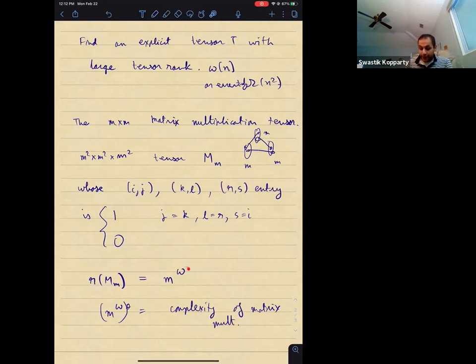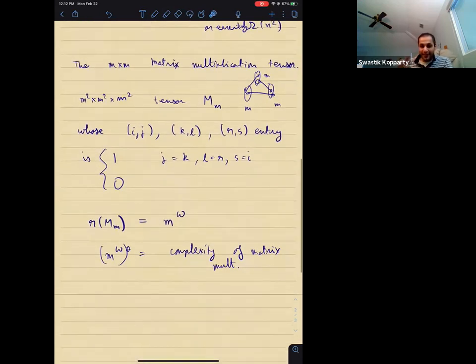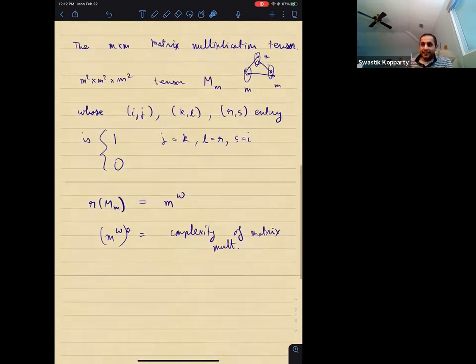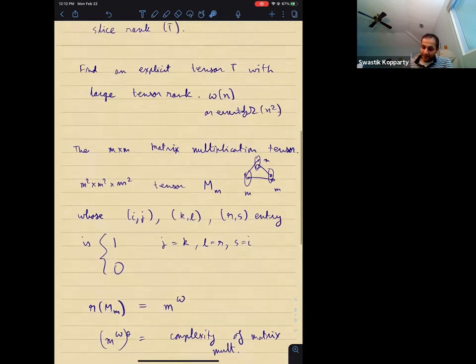And it's a very famous open question whether omega can equal 2. Right now, omega is 2.37 something, and it's been reducing in recent years, but its derivative is approaching 0. This is my understanding with respect to time. Good.